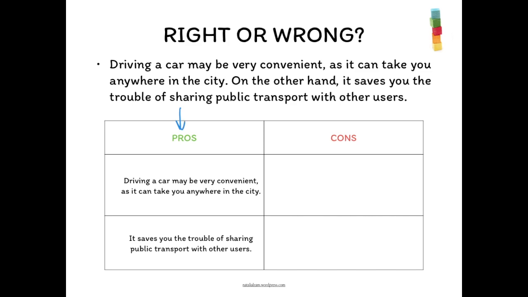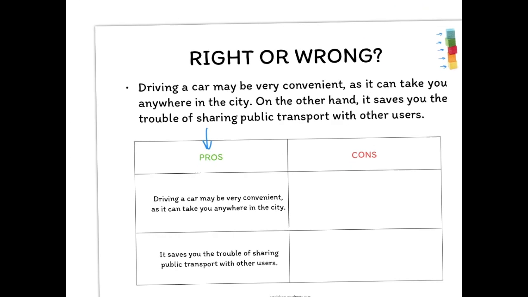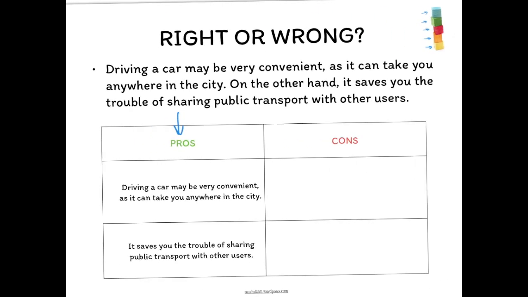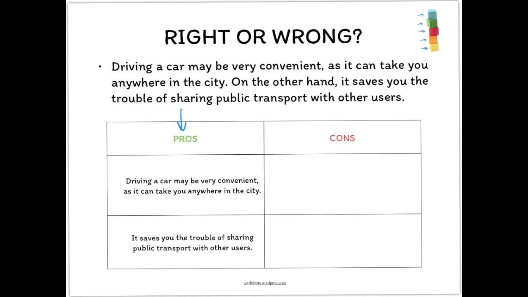So, because both are pros, imagine if you were using these building blocks, you would be adding more arguments in favor. They would be somehow on the same side of the argument. That is why in this context you cannot use "on the other hand".